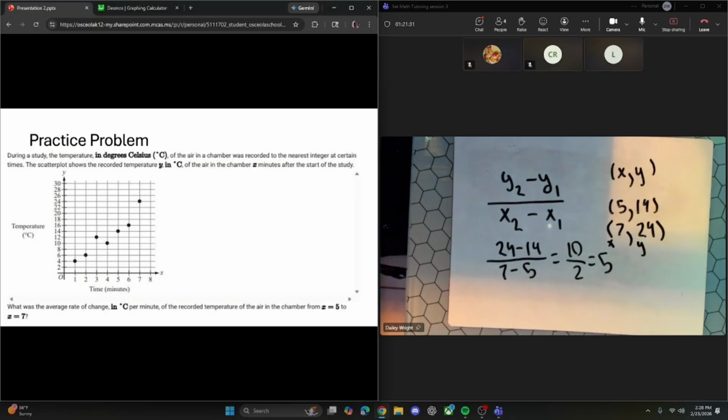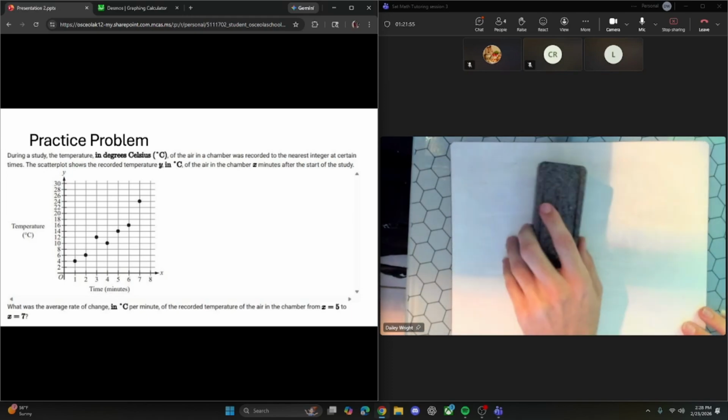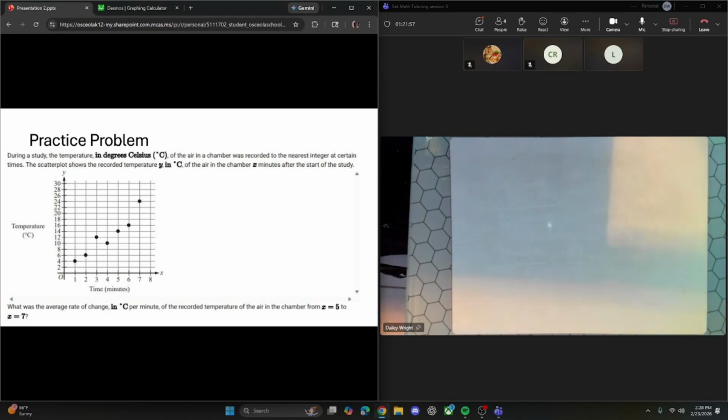So the average rate of change of the recorded temperature of the air in the chamber from x equals 5 to x equals 7 is 5, and then it would be Celsius per minute. So that's how you use that average rate of change formula.